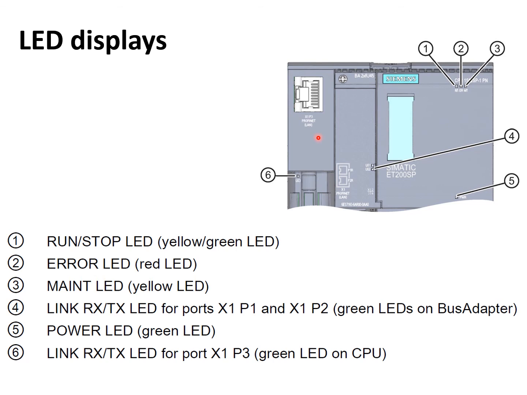Okay, this is that port, and this is the LED. It means that this port is connected, for example, to a laptop, or to a personal computer, or any other devices. Okay, so if this port is used, that LED is on.